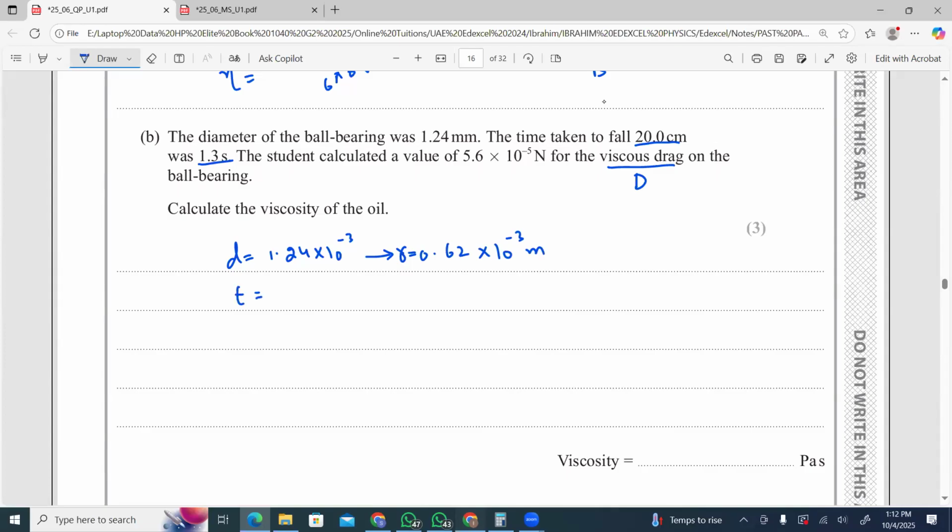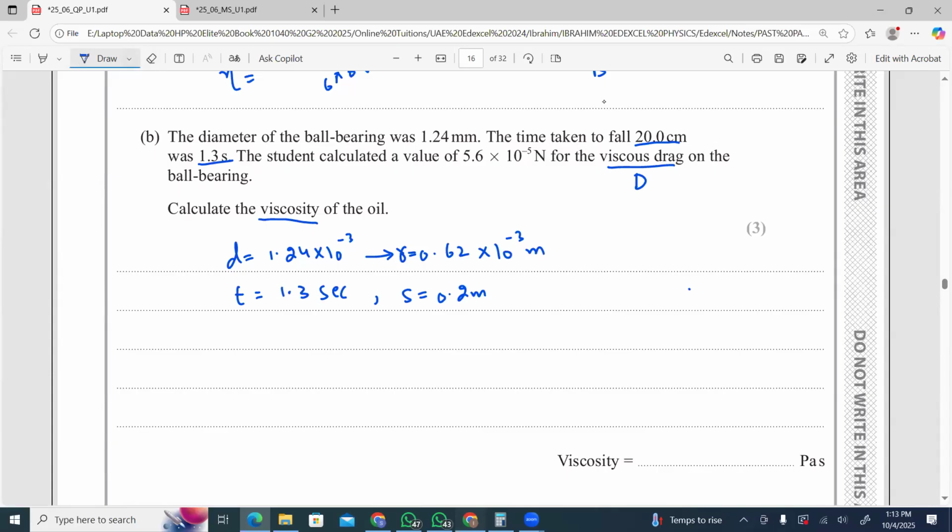Time is 1.3 seconds. It is falling through the distance of 0.2 meters. And they're just asking for the viscosity, nothing else.